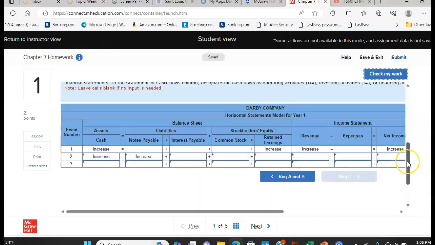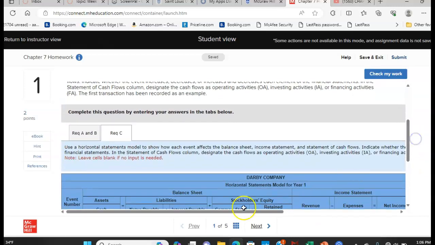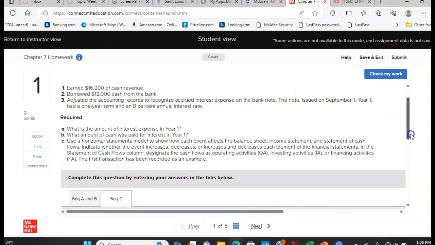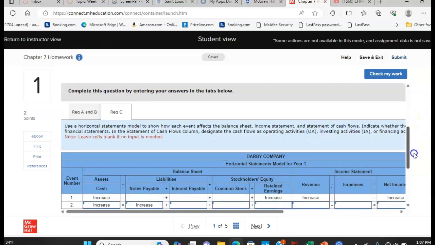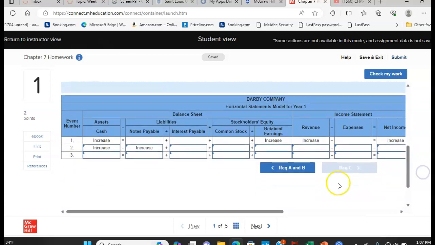Return to the question. So the third transaction is when we made the adjustment to the accounting records to recognize the accrued interest expense. All right. So now your interest payable is going to increase to recognize the interest that has accrued for year one.